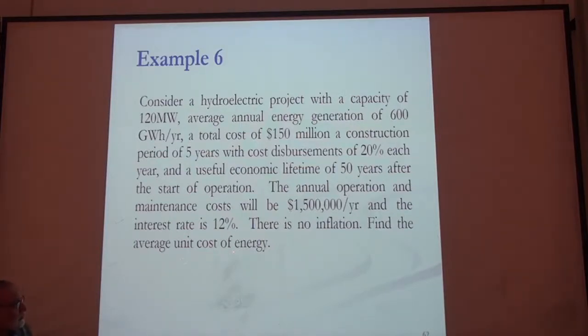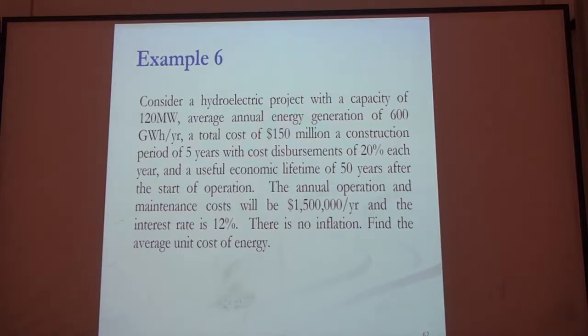The cost of energy is asked as a unit cost of energy, so per kilowatt hour. This means that if we have the total cost as the numerator, and total energy generated in the denominator, we will find the cost per unit. Another way of doing it is on an annual basis: annual cost divided by annual energy.